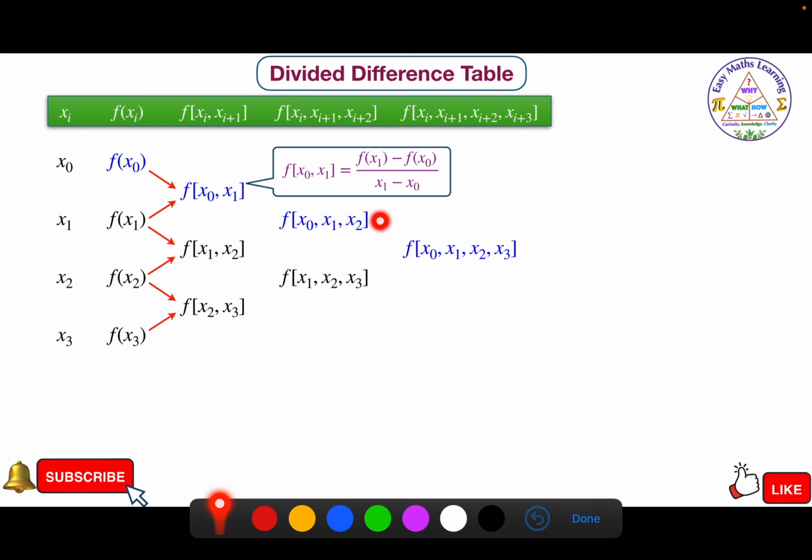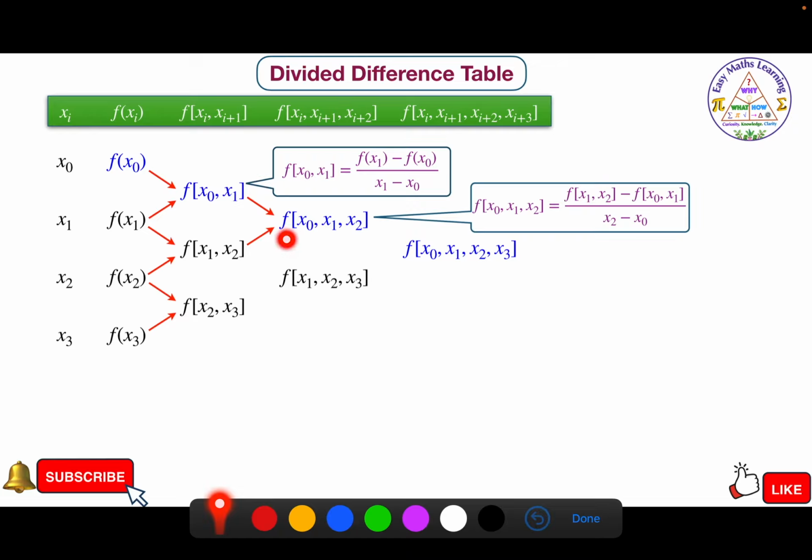After the first order divided differences, we compute the second order divided differences. These are the second order divided differences. The second order divided difference for nodes x0, x1, x2 is calculated as this first order divided difference minus this first order divided difference, divided by x2 minus x0.